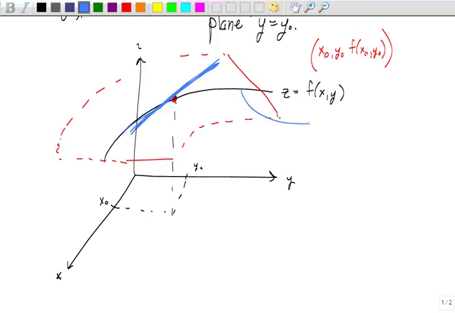So this is the trace. And the slope of that tangent line is going to be df dx.